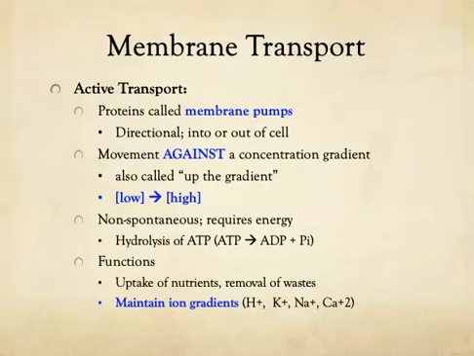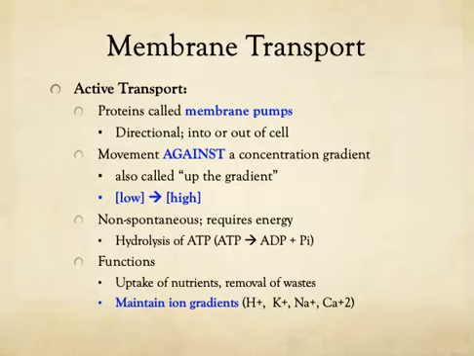Now, the last kind of membrane transport that we're going to talk about today is active transport. Active transport, like facilitated diffusion, requires a membrane protein. It's a particular kind of membrane protein called a membrane pump.